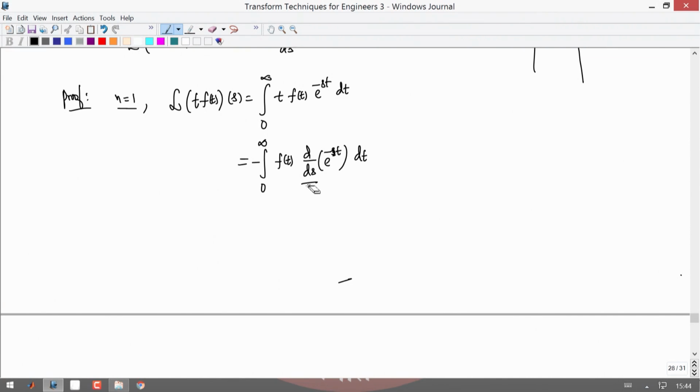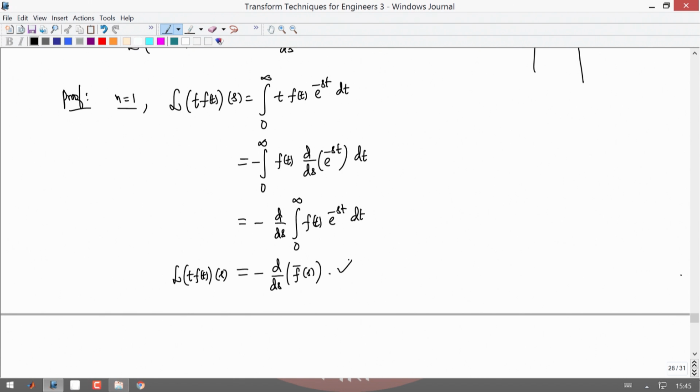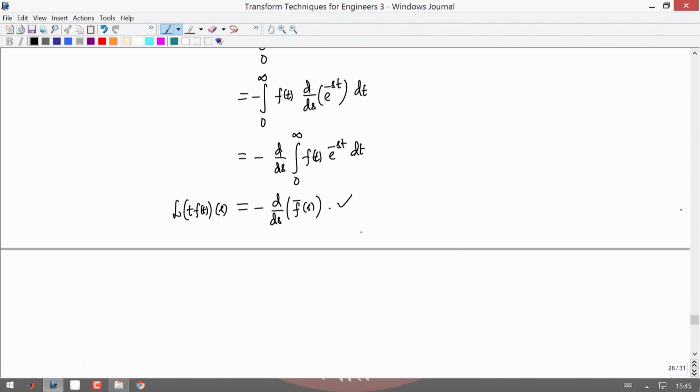Because this integral of f of t into e power minus st is a uniformly convergent integral, this derivative with respect to s I can take inside. So, outside and inside are both the same. I can write minus d by ds of the integral of f of t times e power minus st dt. So, this is nothing but minus the derivative d by ds of f bar of s. That is your Laplace transform of t f of t as a function of s. So, this is exactly your first one. You repeat the same thing.